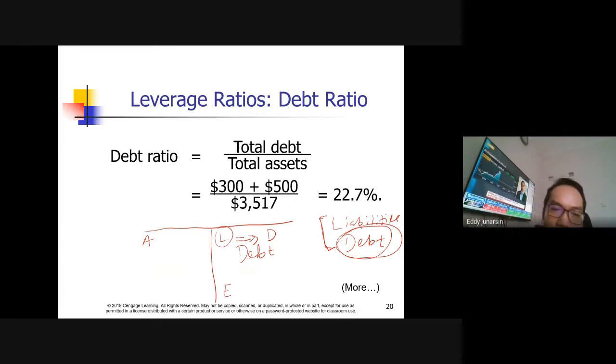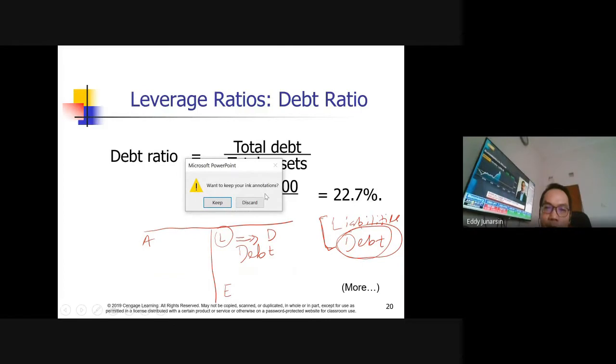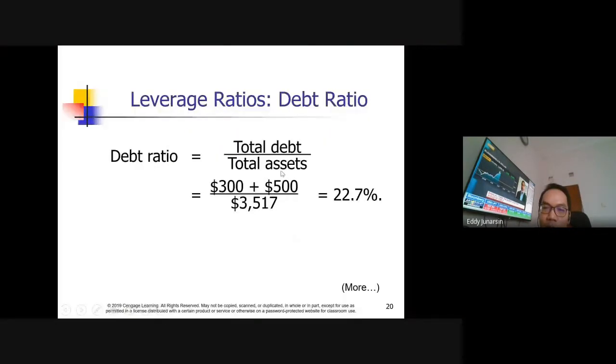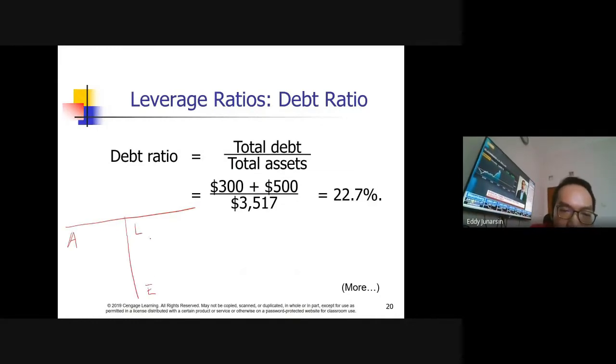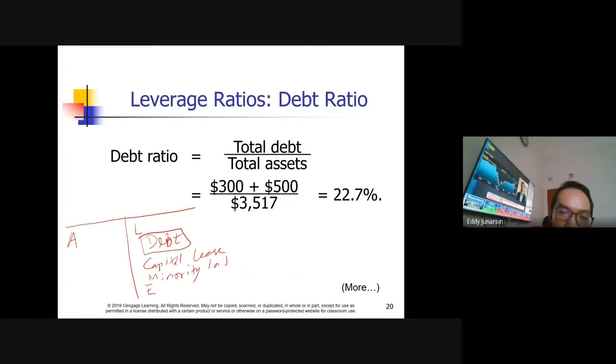However, in a bigger firm, right, medium and big firm, I think we have to be more careful, because now you have liabilities, and debt is part of the liabilities. So we have other types of liabilities that are not debt. Maybe your capital lease, right? And you might have minority interest, right?